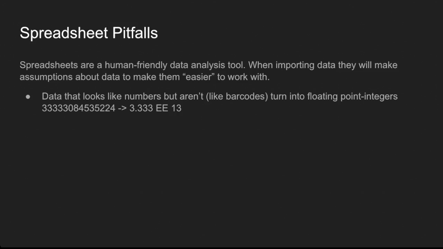So when you load a spreadsheet with a bunch of barcodes in it and it transforms into something like a number, dot, a couple more numbers, and then E and another number after that, that's the spreadsheet representation of a floating point integer. You can look into this, but basically it's coming up with a number that's really close and easier for it to represent within its memory with the way that bits and bytes work. The problem is that it no longer has all the detail, so it doesn't look like the thing that you initially put in there.